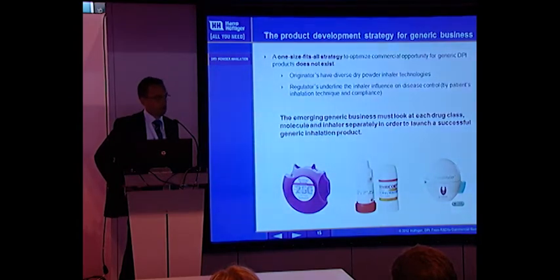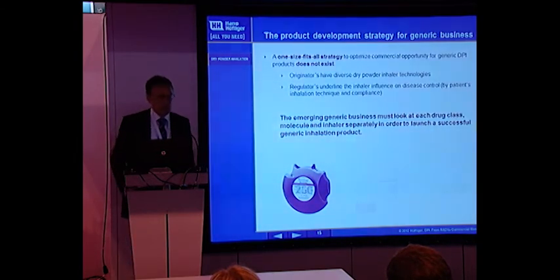However, the regulators, at least in the regulated markets like US and Europe, ask you to come up with a similar device. So there is no one-size-fits-all strategy. If you want to be similar, you must somehow copy every device, but this is very cost-intensive and it's very, very complex for generic companies.